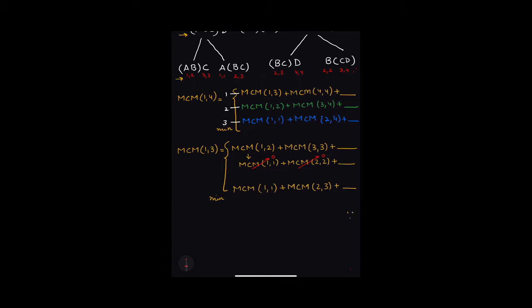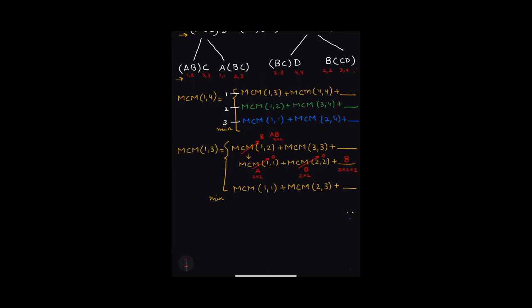This means that I have an A matrix with dimension 2 cross 2, and a B matrix with dimension 2 cross 2. So the total cost of multiplying these two matrices will be 2 cross 2 cross 2, which is equal to 8. So the value I'm getting for 1, 2 is 8, and the matrix I'm getting is AB.